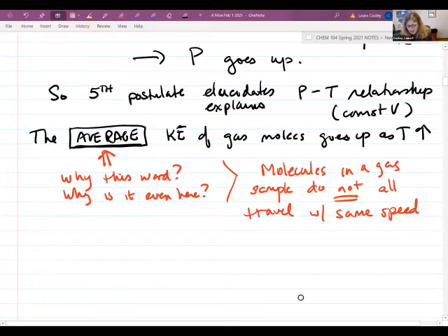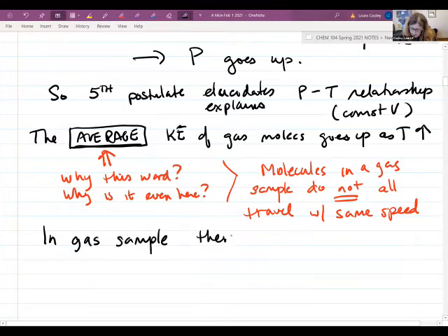And I wonder if that'll be surprising to you, but we'll see when we get there. But what I want to say right now is that in a gas sample, there is an entire whole range of speeds that gas molecules can be moving. So in a gas sample, there is a whole range of speeds.